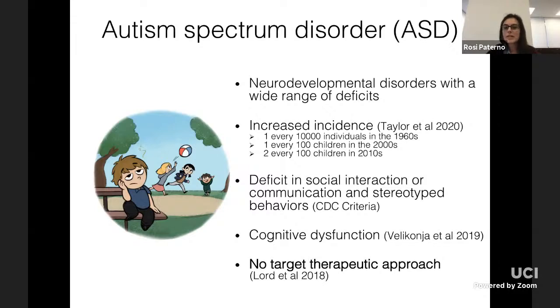Today, there is not a therapeutic approach that targets autism spectrum disorder. The only FDA-approved drugs target co-occurring symptoms like agitation and hallucination, and therefore atypical antipsychotics are used, which have long-term side effects.